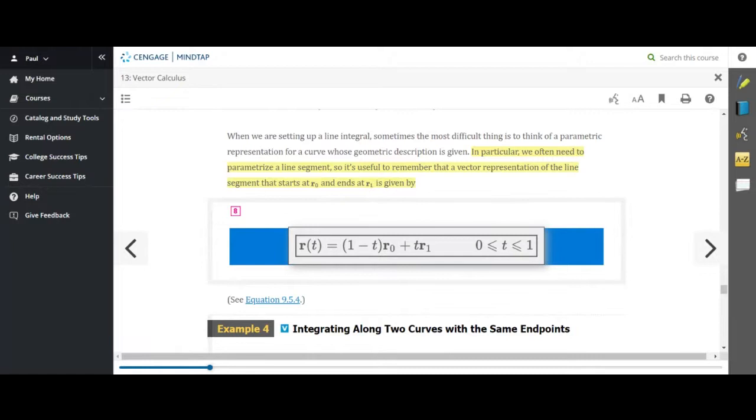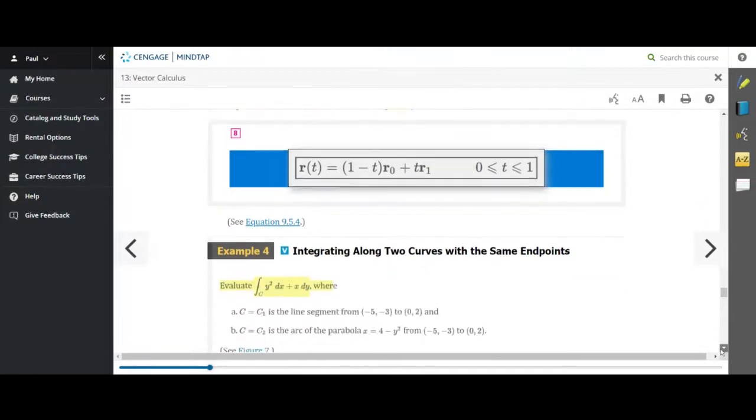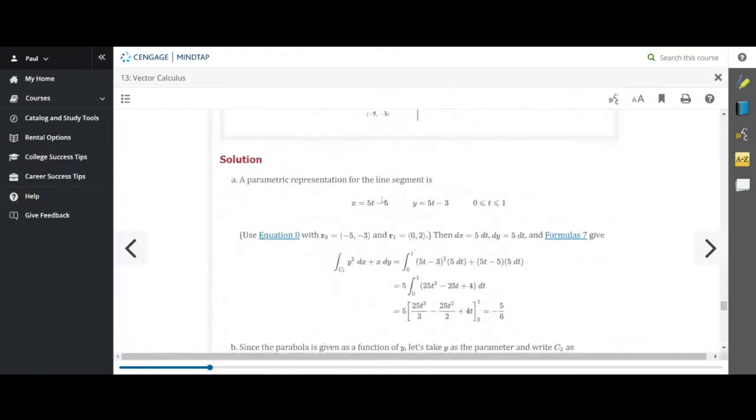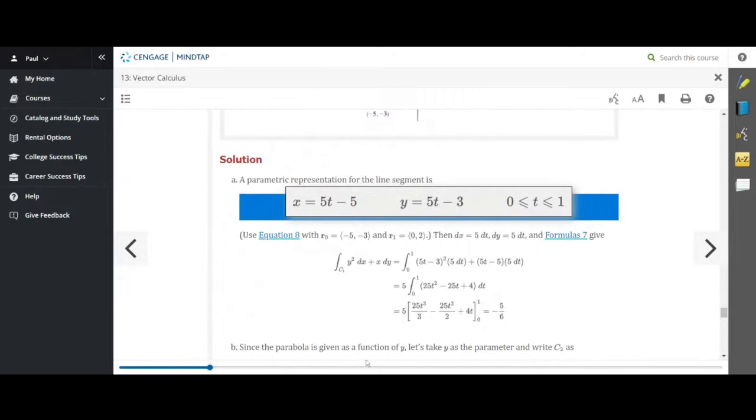where t goes from 0 to 1, they use that formula where r sub 0 is the point (-5, -3), and r sub 1 is the point (0, 2). They use that formula, and this is the parameterization that they get. Hold on, let me get that blue off.